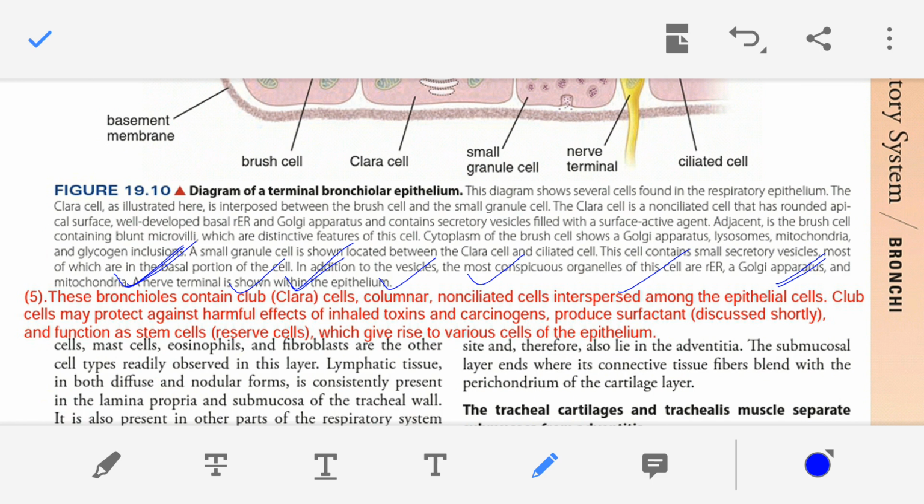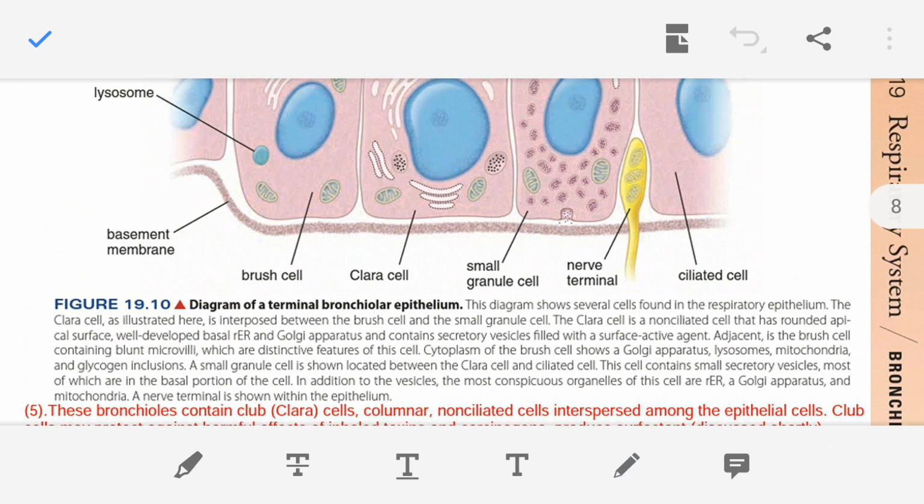And what is the function of this club cell? In the atmospheric air that we are inhaling, some harmful substances, let's say toxic substances or carcinogens, are sometimes present.